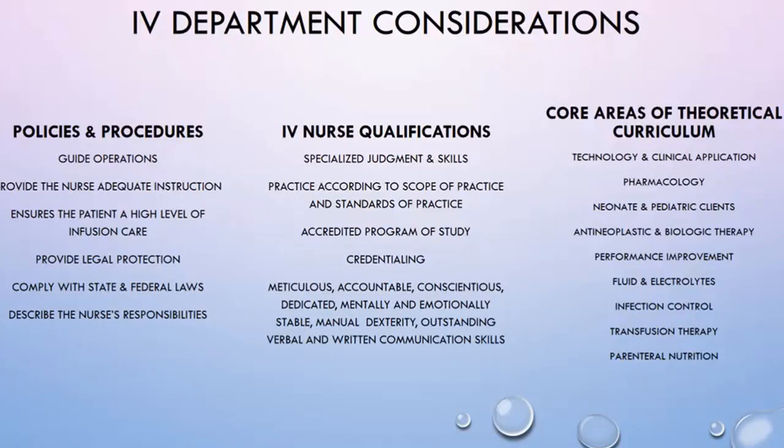When we think about the IV certified nurse, or even just a basic staff nurse who is going to administer something IV but may not be certified as an infusion therapy nurse, we have to think about specialized judgment and skills. Part of this is where the LPN and the RN roles vary. As you know, in your LPN curriculum, there were very limited times when an LPN could actually infuse via the intravenous route.